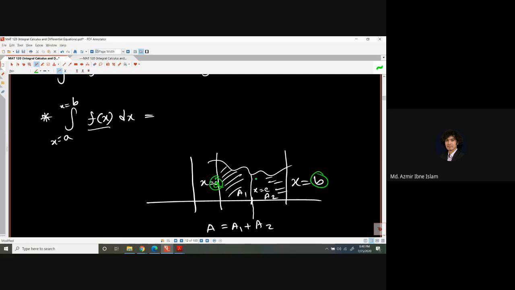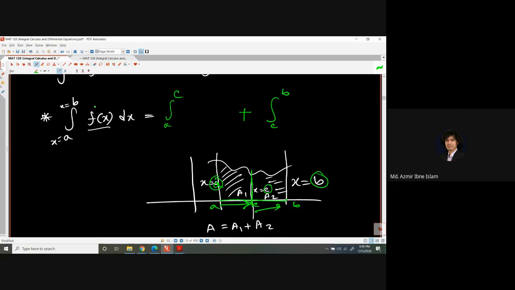But for the simplicity of our calculation, suppose we have another vertical line here, x equal to c. So what we can do here, the total integral from x equal to a to x equal to b will be split up from a to c plus c to b.